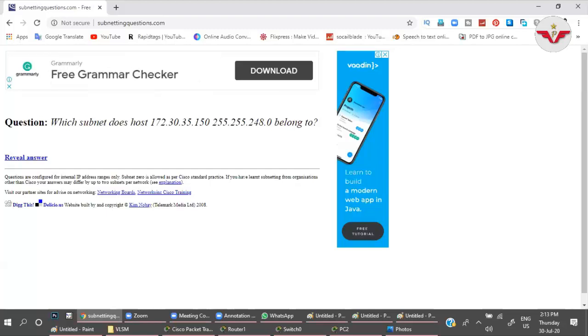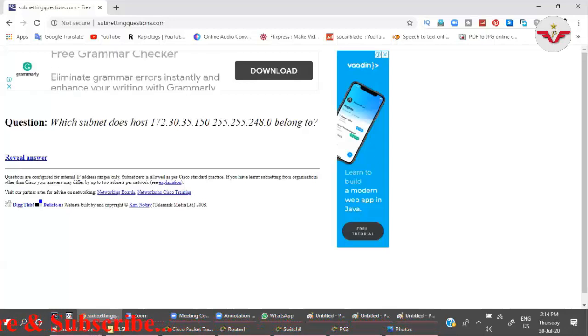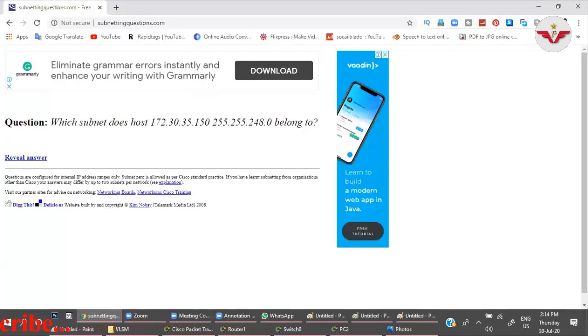But if you do this as a practice in your mind, honestly speaking, you will be much better and it will not take much time. Simply just focus on the subnet mask. Okay, what about Boris and Messi? Boris and Messi, have you done that? If you're facing any issue, if you're struggling, please let me know so that I can give you another way.